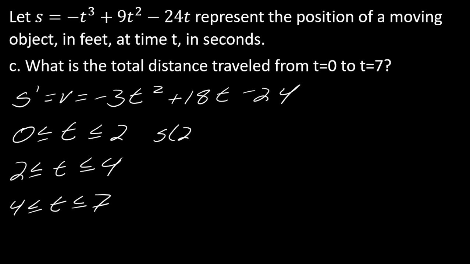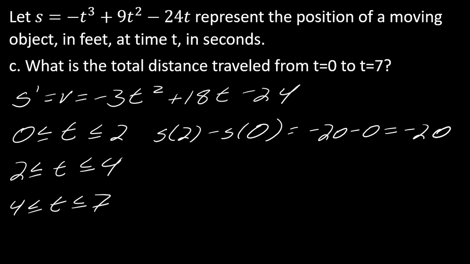So I just plug these into my position function: s of 2 minus s of 0. I'll just tell you what these come out to. This comes out to negative 20 minus 0, so this will be negative 20. Then I'll look at s of 4 minus s of 2.